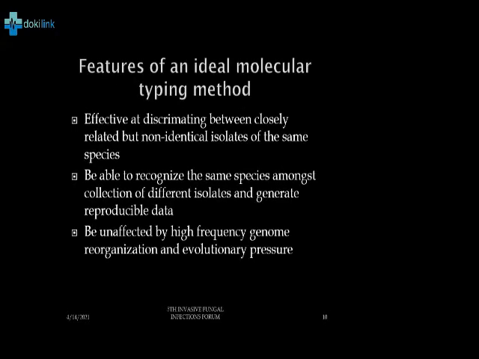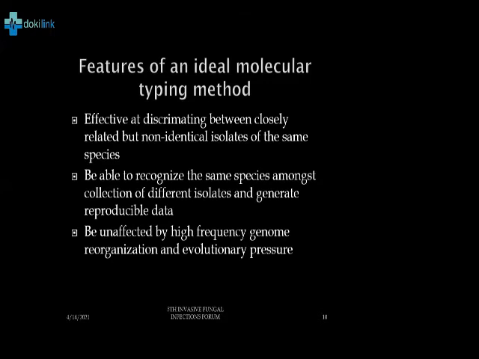Now, what are the features of an ideal molecular typing method? It must be effective at discriminating between closely related but non-identical isolates of the same species. It should be able to recognize the same species amongst a collection of different isolates and generate reproducible data.